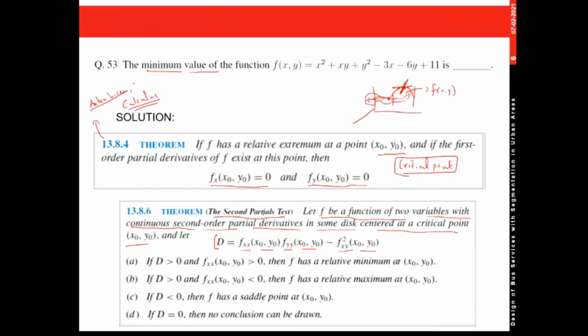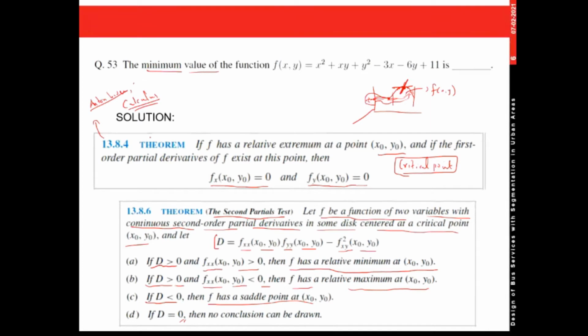If D greater than 0 and fxx at x naught, y naught greater than 0, then f has a relative minimum at x naught, y naught. If D greater than 0 and fxx less than 0, then f has a relative maximum. If D less than 0, f has a saddle point. And if D equal to 0, we cannot conclude anything. So this is the theory part.